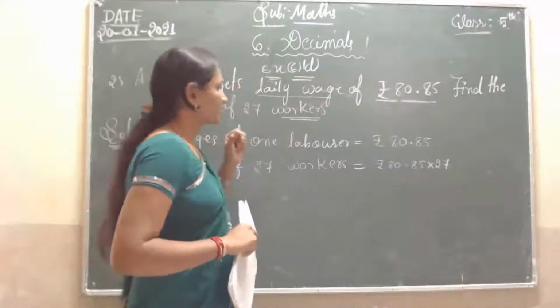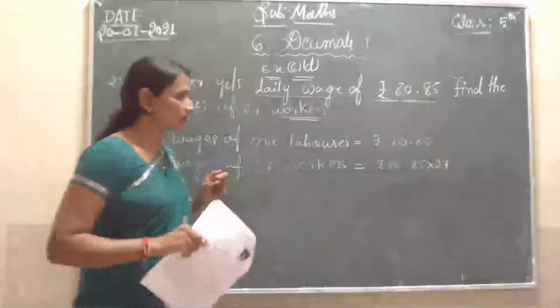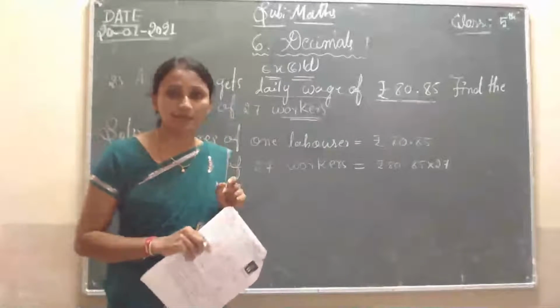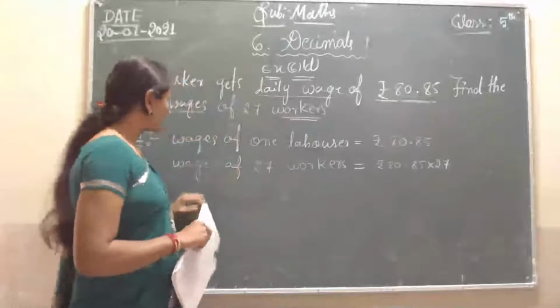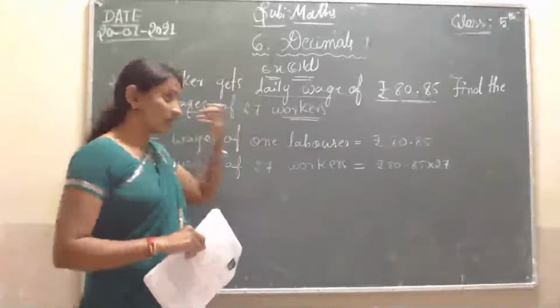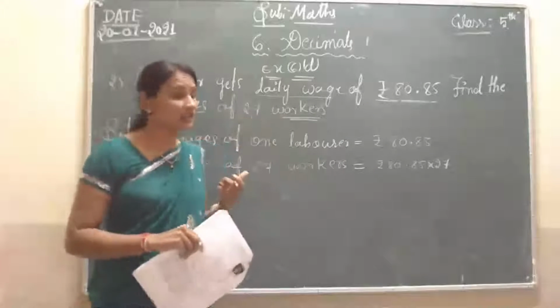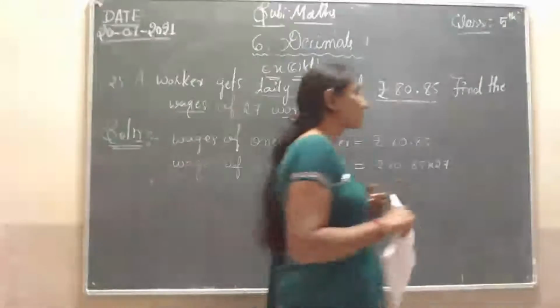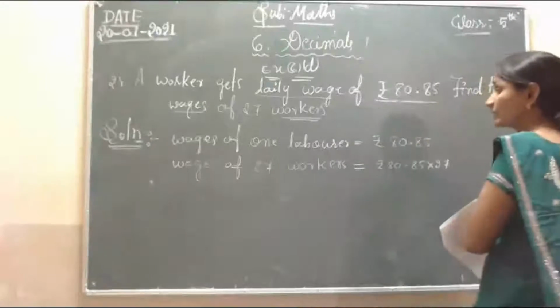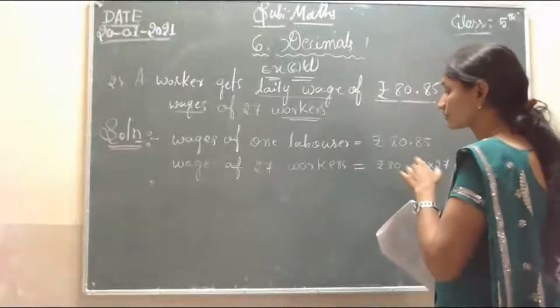One labourer gets 80 rupees 85 paise. So what is the total money of 27 workers? The wages of the 27 workers.